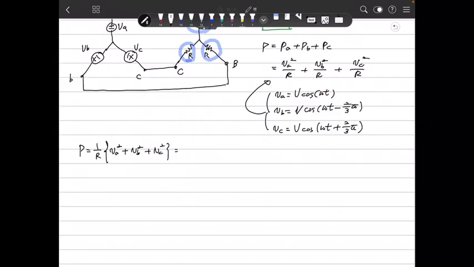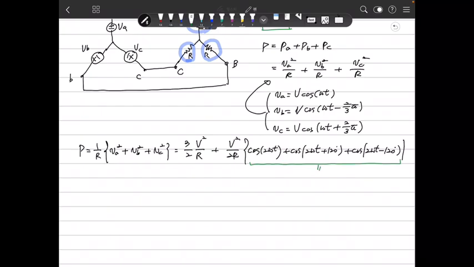So we solve this problem: it is 3 over 2 R, the magnitude of the voltage squared, times cosine 2 omega t plus cosine 2 omega t plus 120 degree plus cosine 2 omega t minus 120 degree. And that value, because this is balanced, is 0.